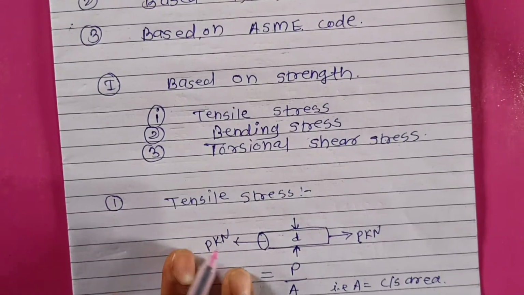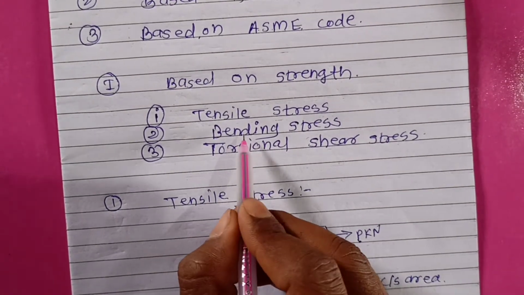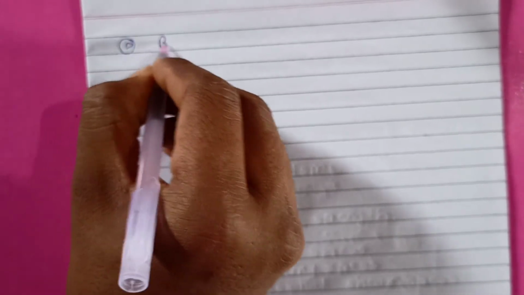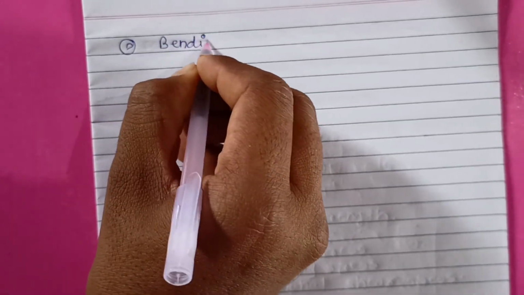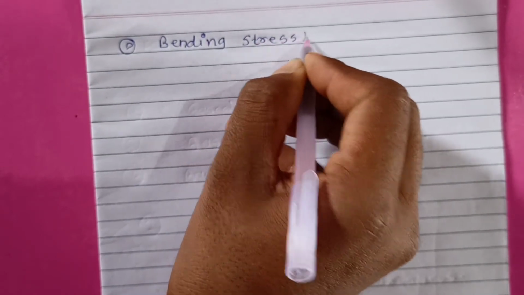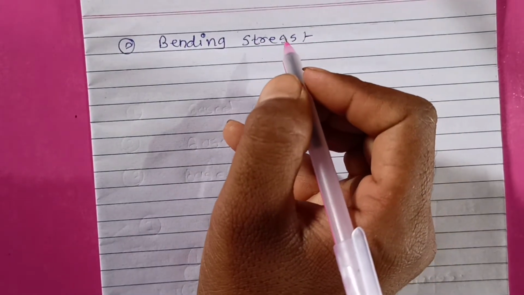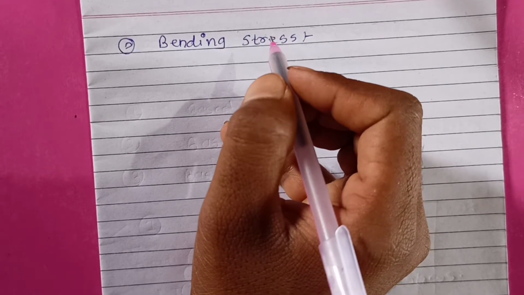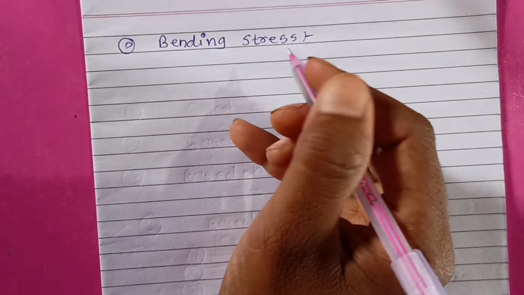Now see here, the next design process is the bending stress. The second one is bending stress. Now in bending stress, we know the formula for bending stress.